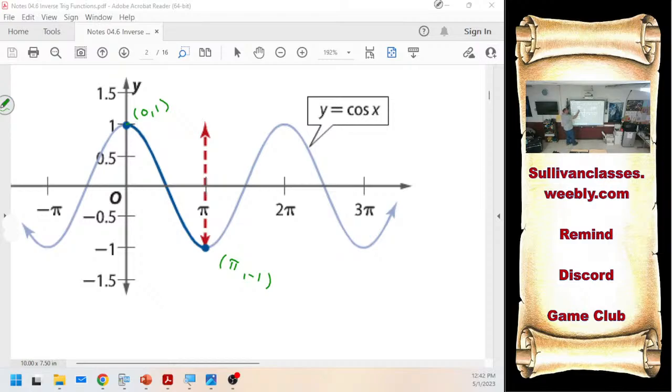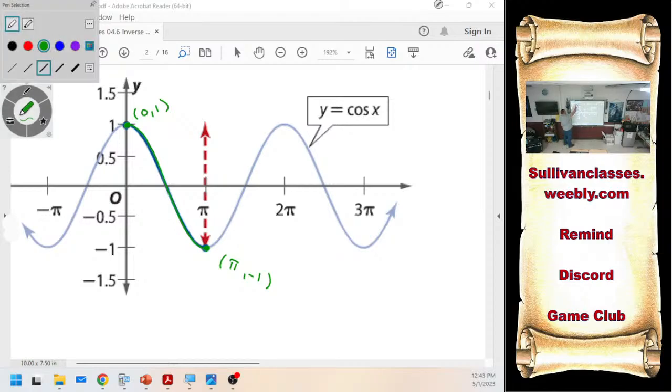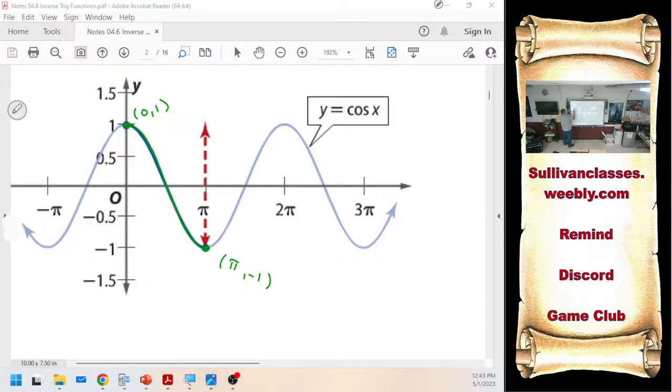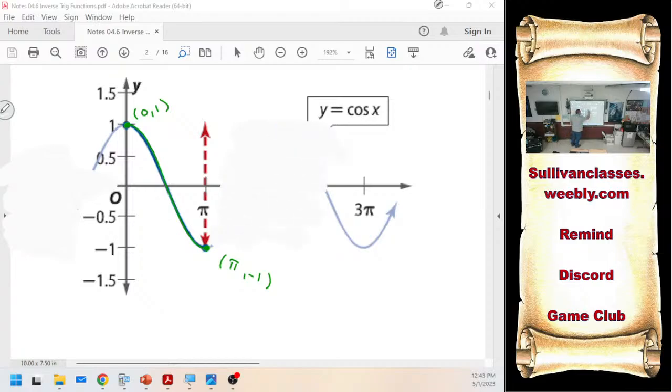And if I go in between those values, I will hit every single one of the values of cosine. So I'm going to restrict. All this stuff is just going to disappear. If I restrict cosine to just this stuff, it doesn't break. Now its inverse isn't going to break the rules.